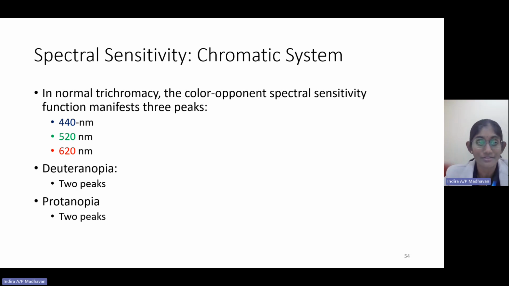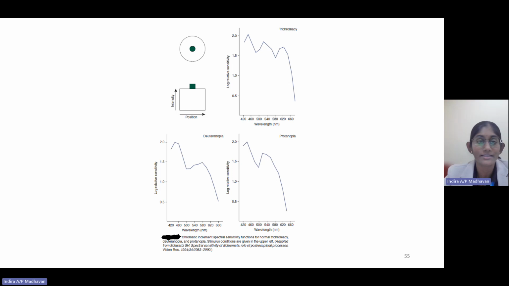So we're going to look at the graph of the maximum sensitivity peaks that a normal person and one with color deficiency would have. If you look at this picture, trichromacy means we have all 3 cones. So we are the normal ones, and you will have 3 peaks, for blue, green, and red.